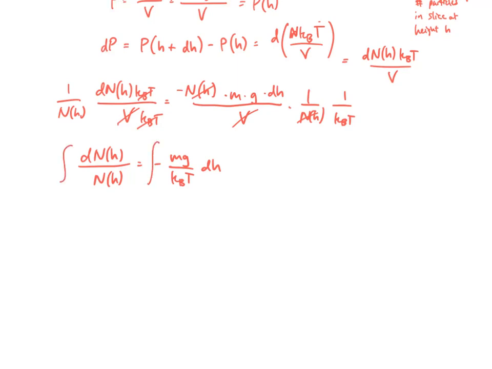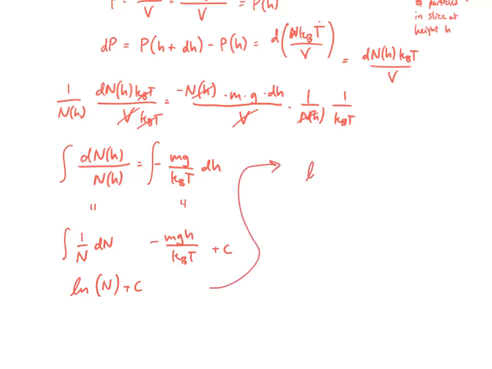So we'll take an integral of both of those sides, and this side here is just equivalent to the integral of 1 over N dN, and if you recall, that just equals the log of N. And then this integral over here, all we end up doing is just getting a negative mgh over k_B T. And of course, both of these sides are plus a constant, but we can just lump both of those constants into the same spot.